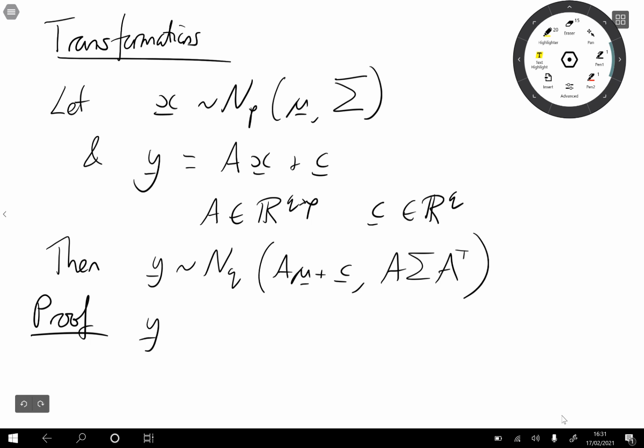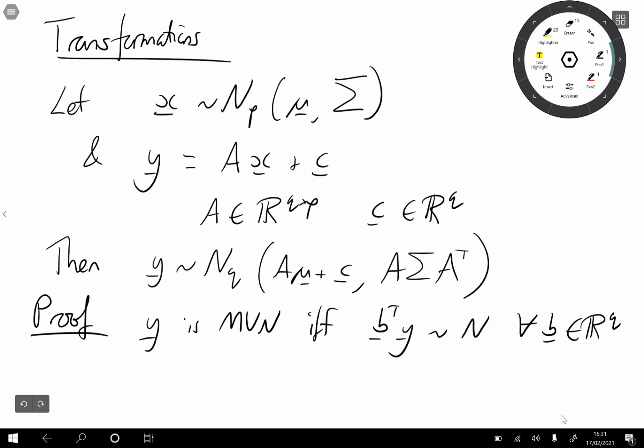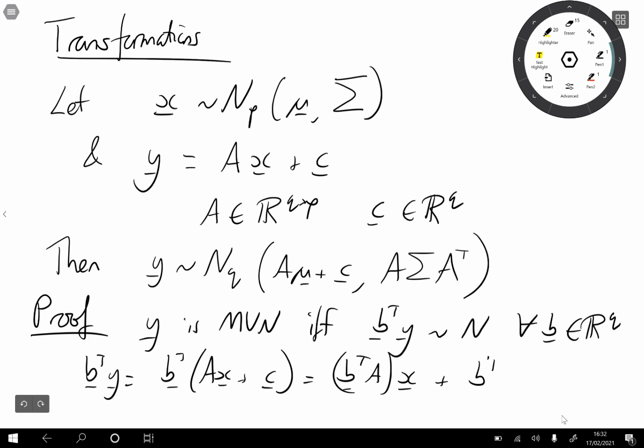To prove this, just note that y is multivariate normal if and only if b transposed y is univariate normal for all constant vectors b in R^q. But b transposed y is just b transposed times (Ax plus c), so that is b transposed A times x plus b transposed c.